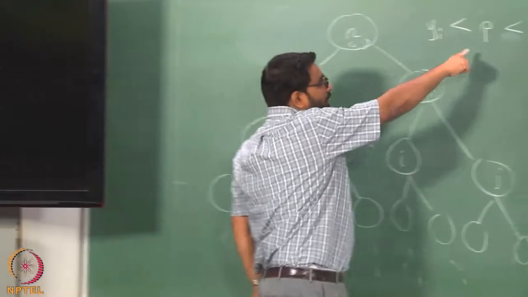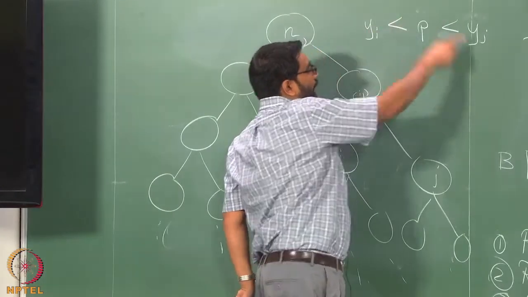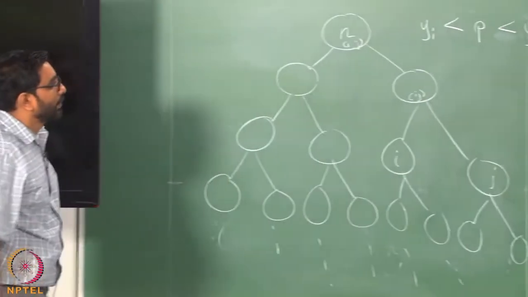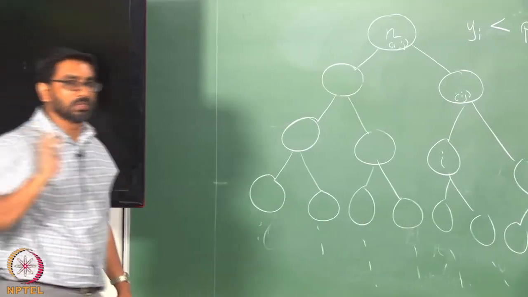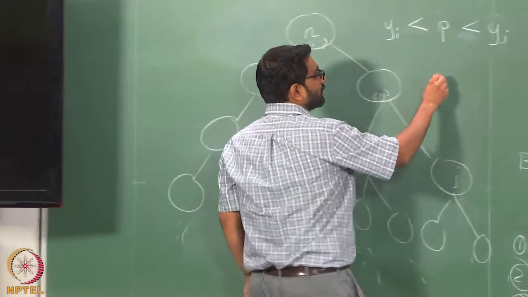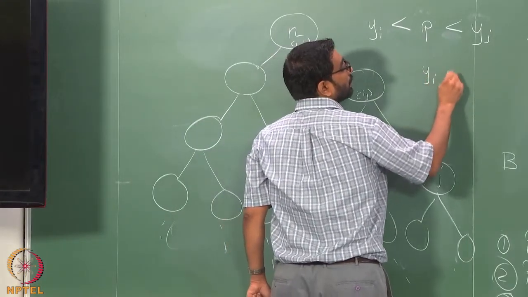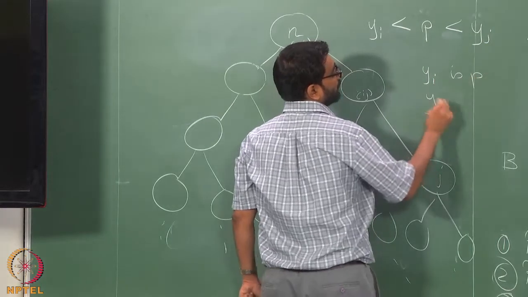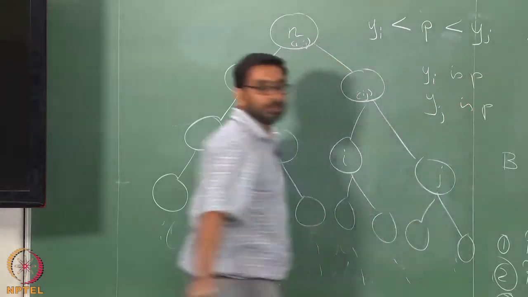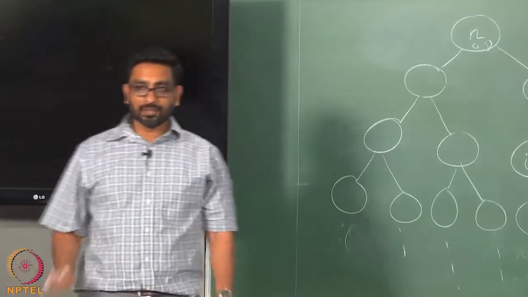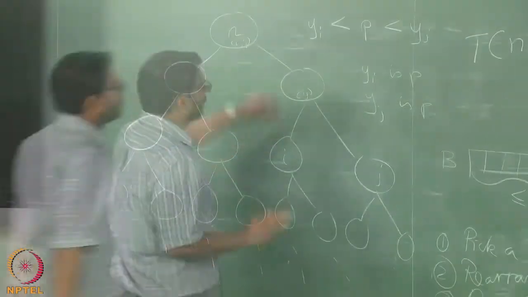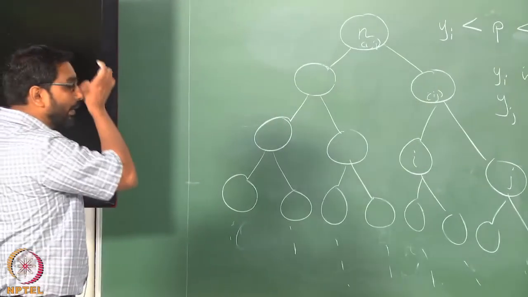So every time the pivot is chosen in the middle, excluding Yi and Yj, no comparison takes place. The only way a comparison can take place is if either Yi or Yj is the pivot. These are the only two possibilities under which these two elements can be compared.